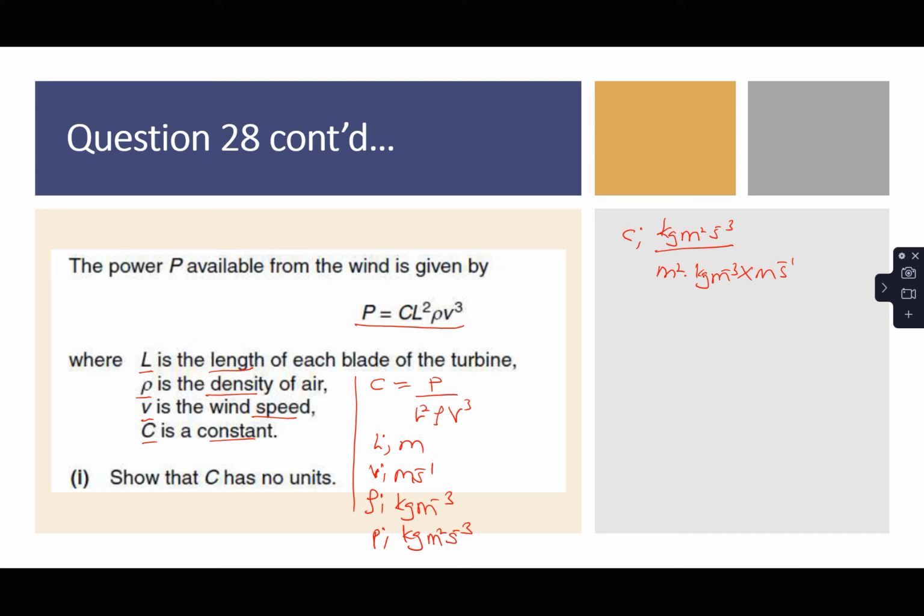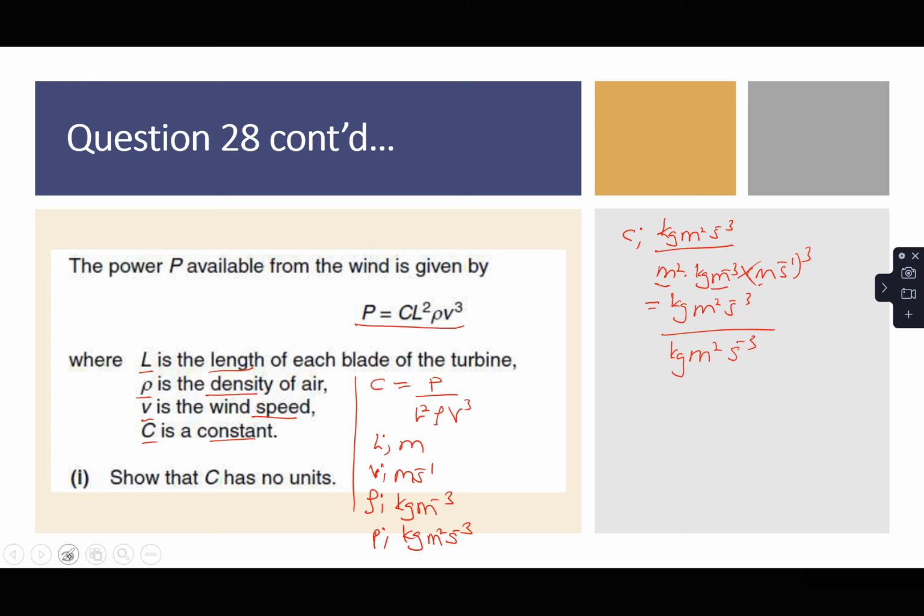Remember, L was raised to power 2 and V is raised to power 3. When I simplify, I maintain the numerator, kilogram meters squared s to the power negative 3. In the denominator I have kilograms, then m to the power 2, m to the power negative 3, and m to the power 3, which gives only m to the power 2. Then s to the power negative 1 raised to power 3 gives s to the power negative 3.